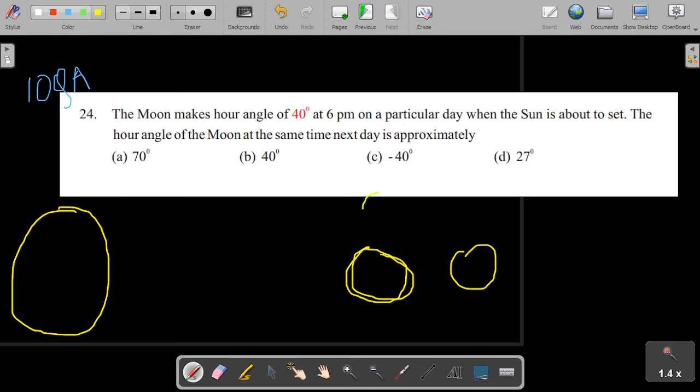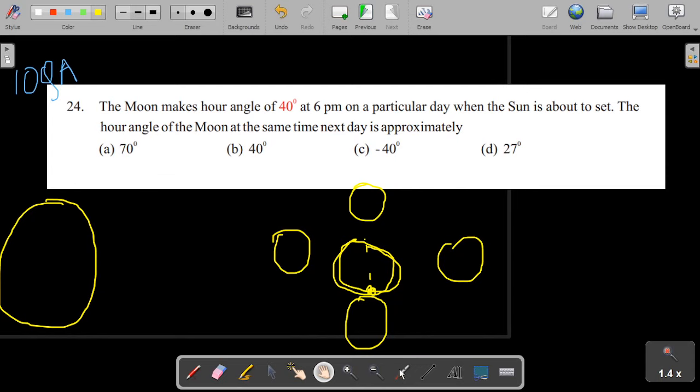Just draw its phases. So it's saying the moon makes an hour angle of 40 degrees at 6 p.m. on a particular day when the sun is about to set. The hour angle of the moon at the same time next day is approximately?